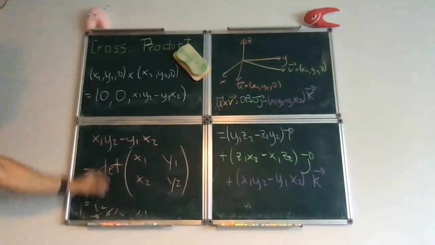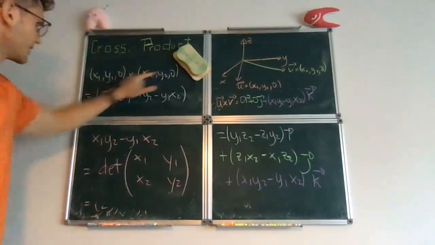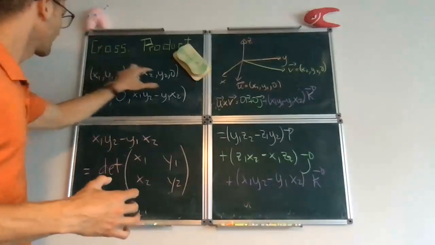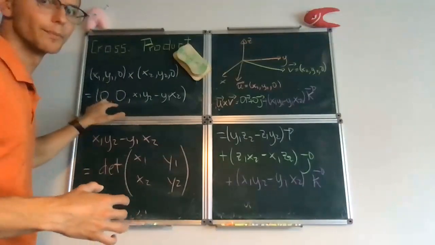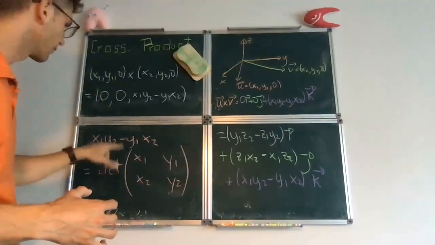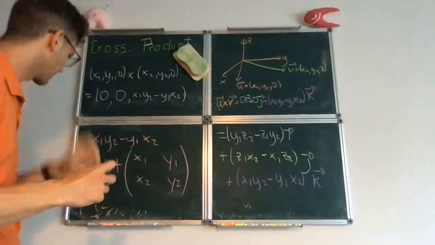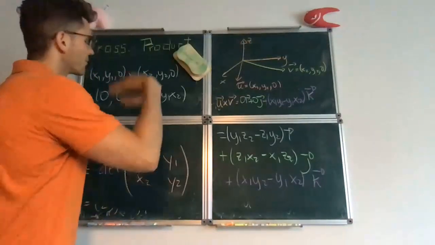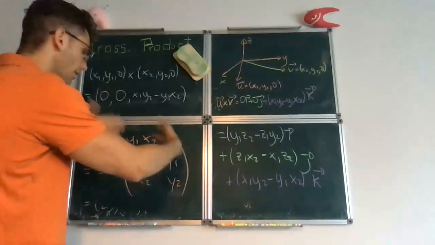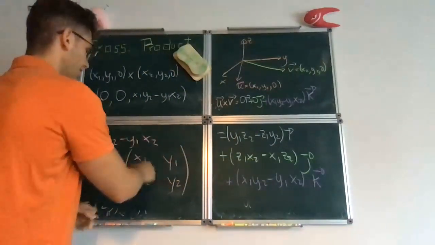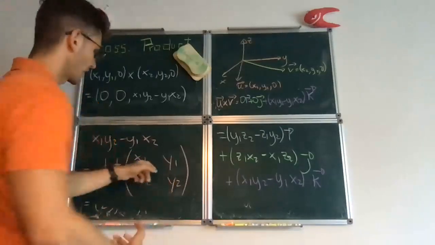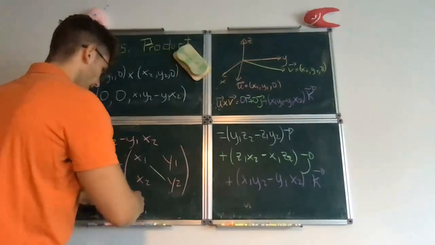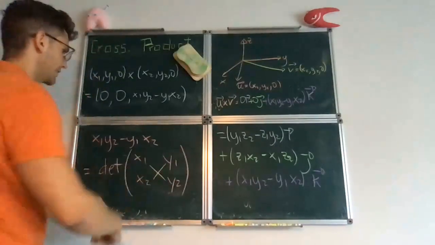whose entries are, since everything is 0 on the third slot, you erase 0, and so you can make an array of size 2x2, and there's a formula which is known as a determinant, which I will repeat in the next video, which tells you that you extract a number out of this array called a determinant, and that is computed by multiplying the diagonal elements, right, this one and this one, and then subtracting the answer.